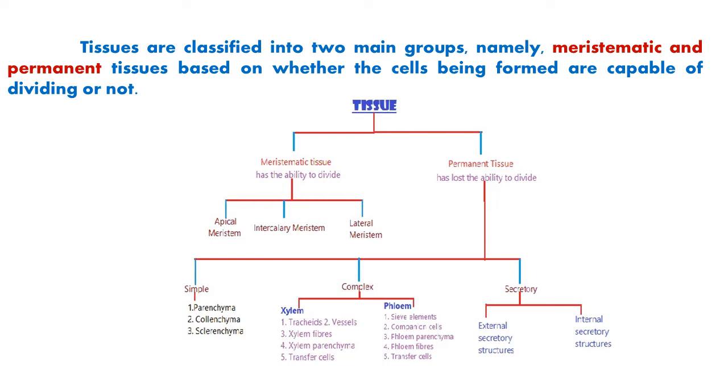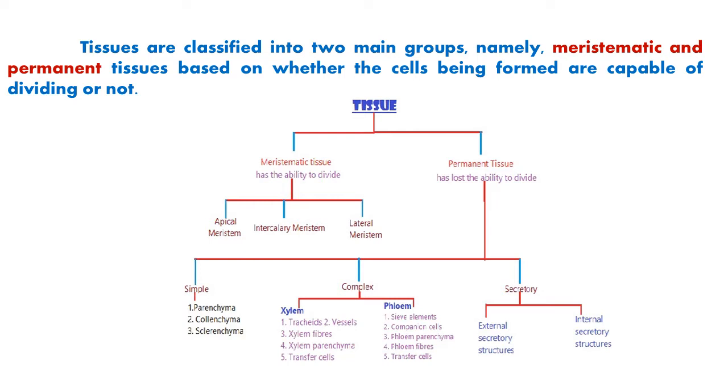Tissues are classified into two main groups, namely meristematic and permanent tissue, based on whether the cells being formed are capable of dividing or not.